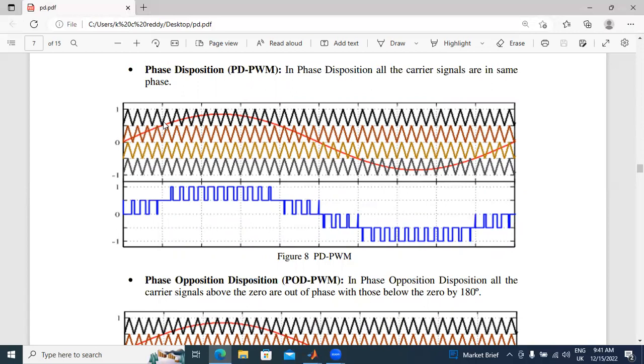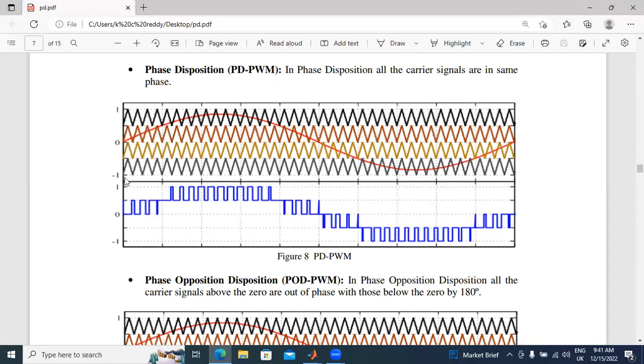The second carrier varies from 0 to 0.5 and 0.5 to 0. The third carrier signal varies from minus 0.5 to 0 and 0 to minus 0.5.